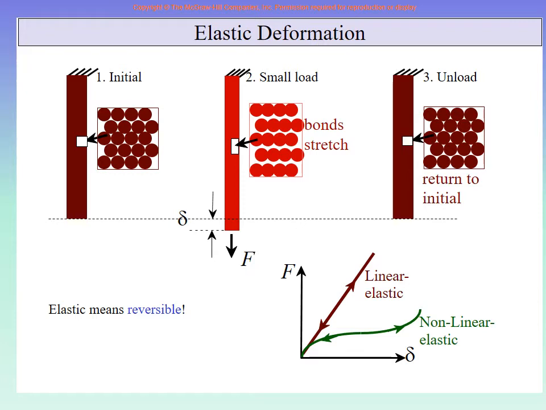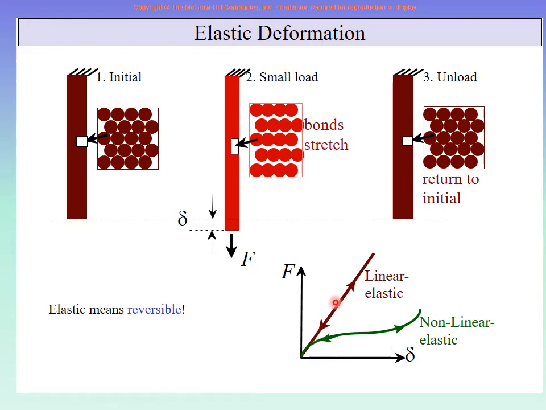First, let us see what we are saying here. Elastic means reversible, in terms of deformation. Has the material deformed? Reversible means no, it can go back. So that is what we are doing in these graphs.